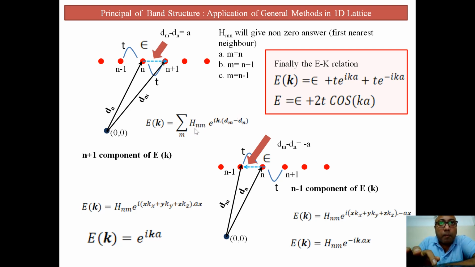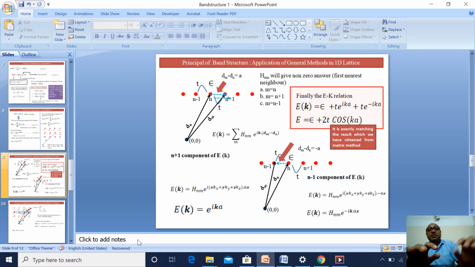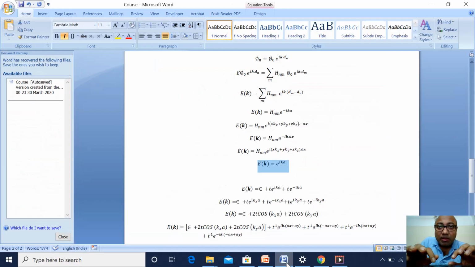So the component for m is equal to n is epsilon, plus the component of n plus 1 is e to the power ik. Definitely there should be t. Again I have missed it, sorry. Let me correct here. Multiple corrections are coming, I'm sorry, but it's important that we follow all these things.